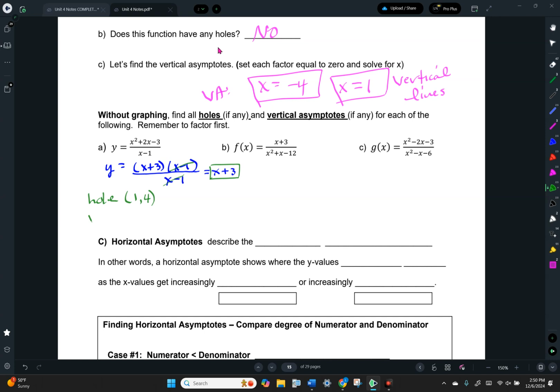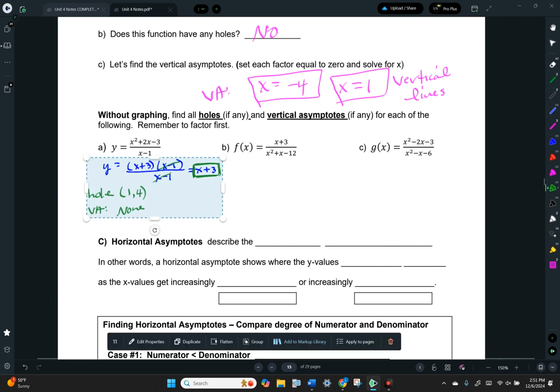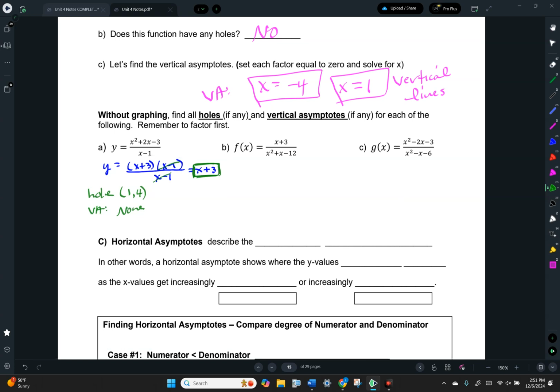Okay, are there any vertical asymptotes? Well, notice in my simplified version, there's not even a denominator. If there's no denominator, then there can't be any vertical asymptotes. Okay, so let's look at letter B. Again, the first thing I need to do is get it into factored form. I can't do anything with the numerator, but the denominator would be x plus 4 times x minus 3.